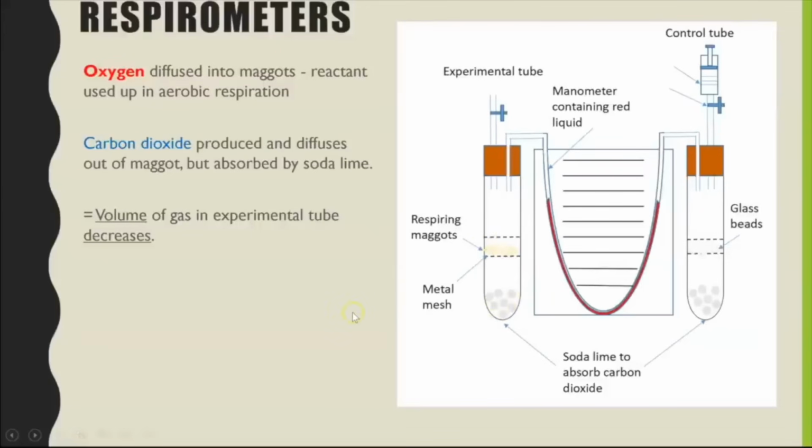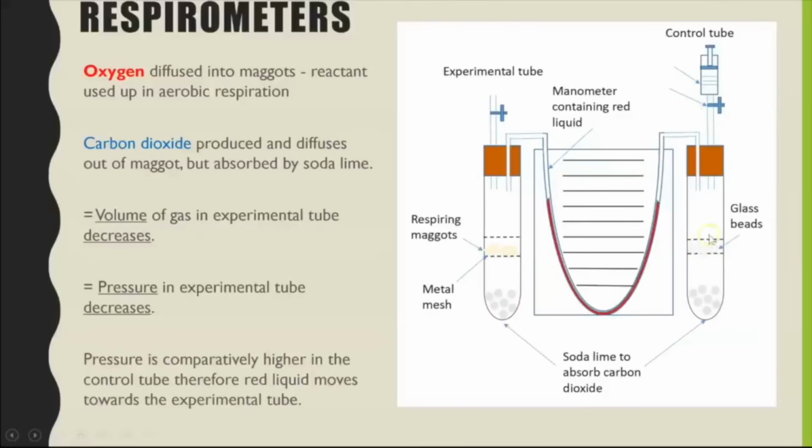So if the volume of gas decreases, that will mean the pressure will drop inside of our experimental tube. Now that won't be happening in the control tube because the glass beads aren't taking in any oxygen. So comparatively, the control tube with the glass beads will have a higher pressure compared to the experimental tube.